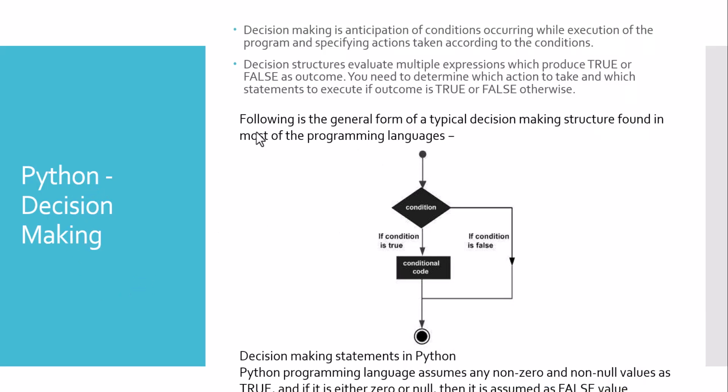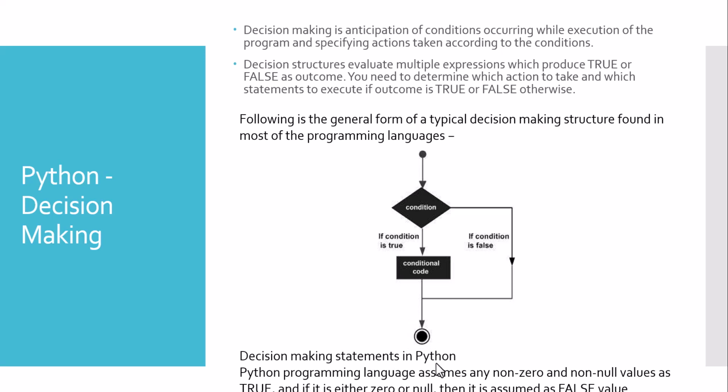See, if some condition is there, if condition is satisfied, then it will give the true. Okay, and then run the following code, like print statement is there. Okay, if condition is false, then it is going to move to the else block or give some output or terminate the program. Okay, like this.